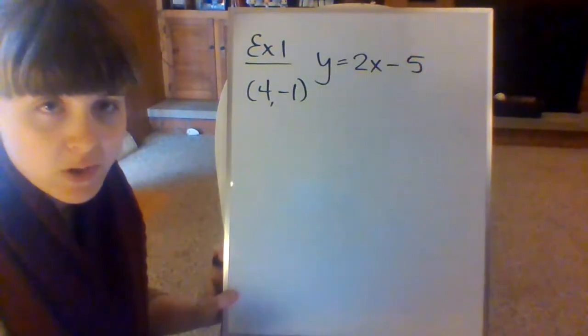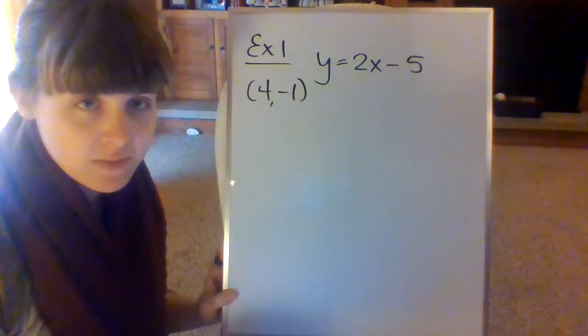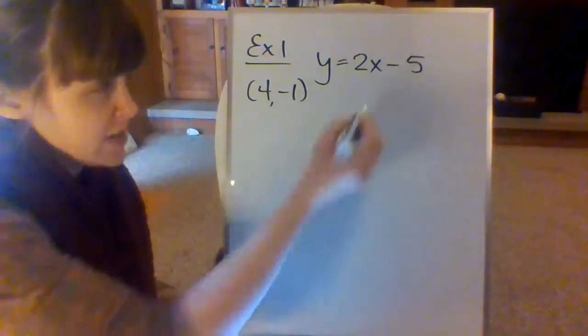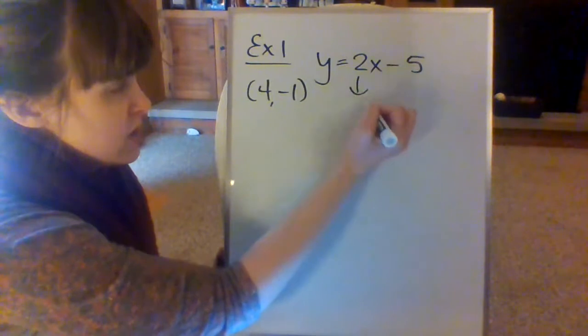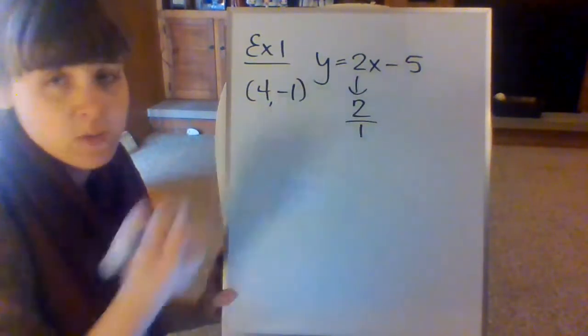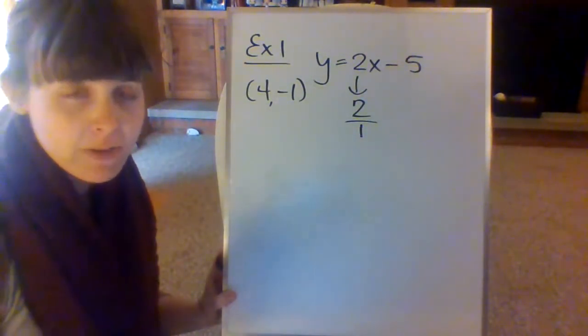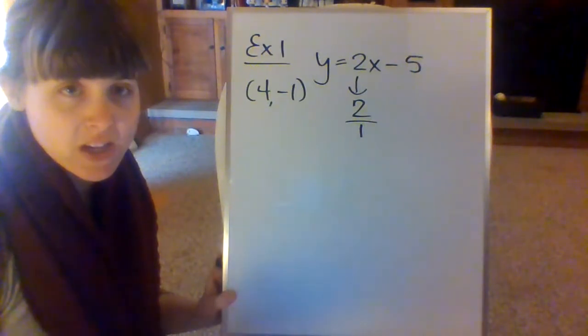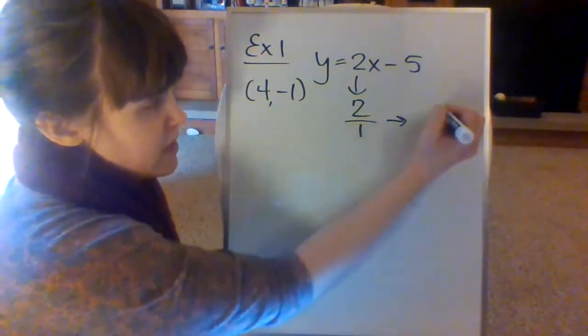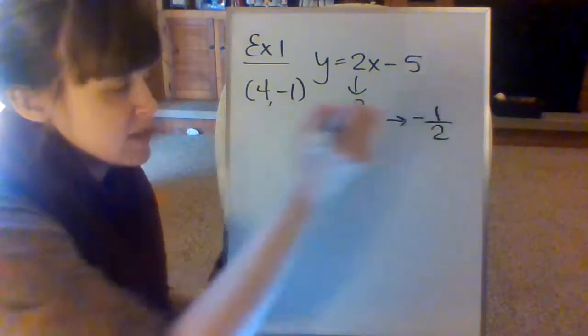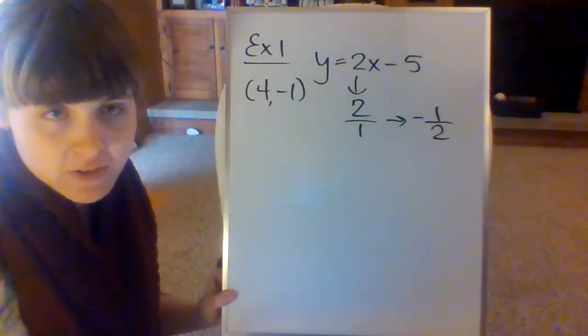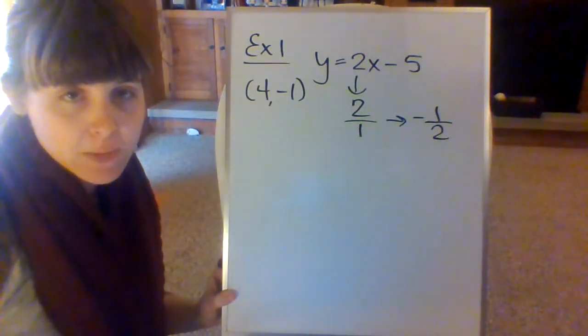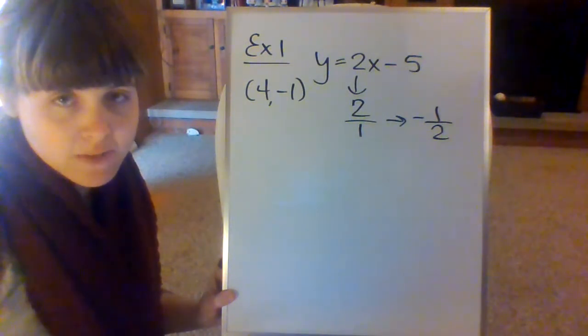Okay, so what is our slope right now? Well, our slope right now is 2. So 2/1 is our current slope. If we flipped it and changed the sign, so we're going to flip it and make it negative because it started off as positive, our new slope has to be -1/2.